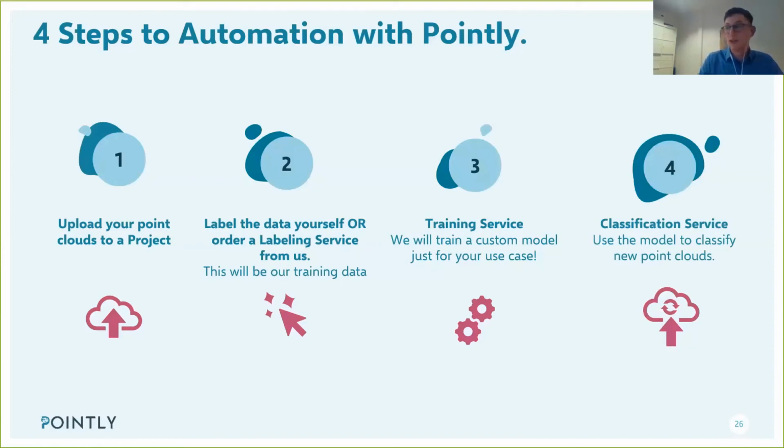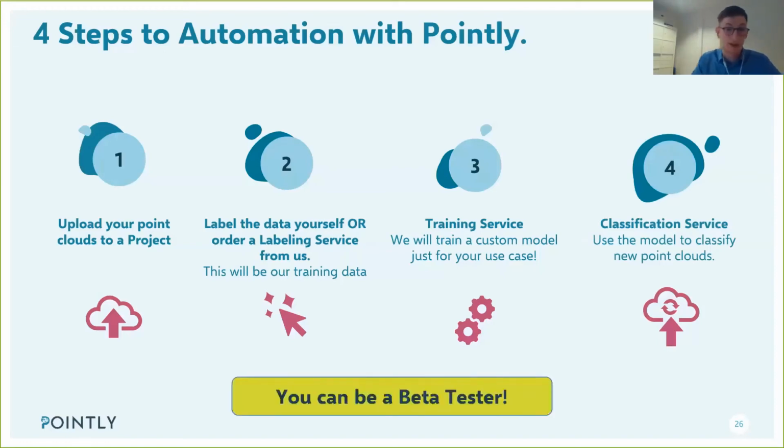And we can use this enhanced or corrected data again as training data to further optimize the model. Of course, in the future, we want to implement this as a full self-service process in Pointly. But for now, we have it in beta, and everybody can be a beta tester.